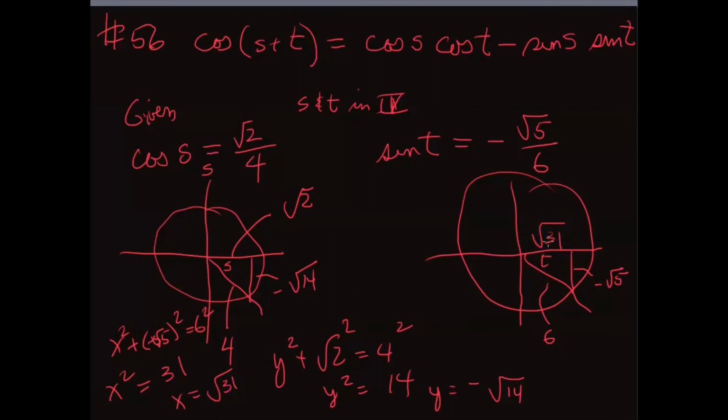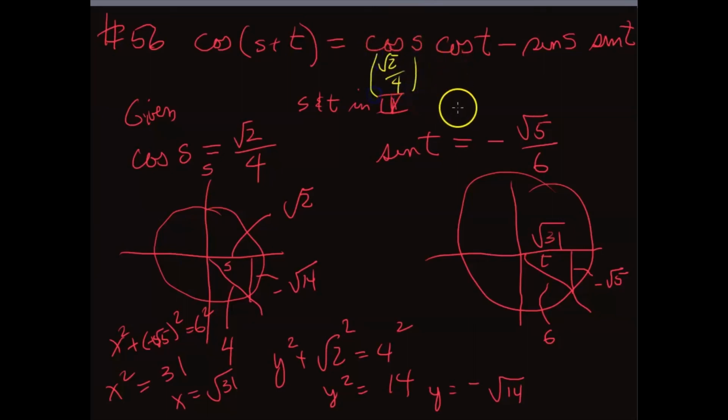So, what is the cosine of s? Let's see, that's over here. Cosine is the square root of 2 over 4. Let's change colors. So, the cosine of s, square root of 2 over 4.